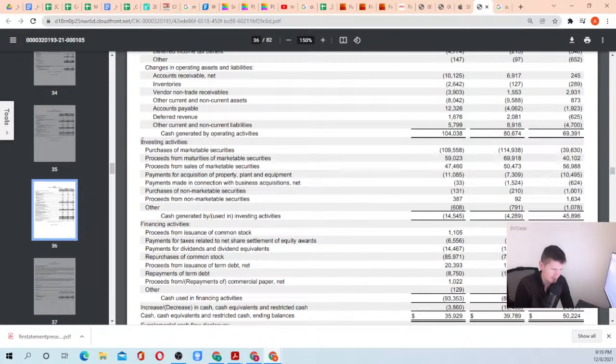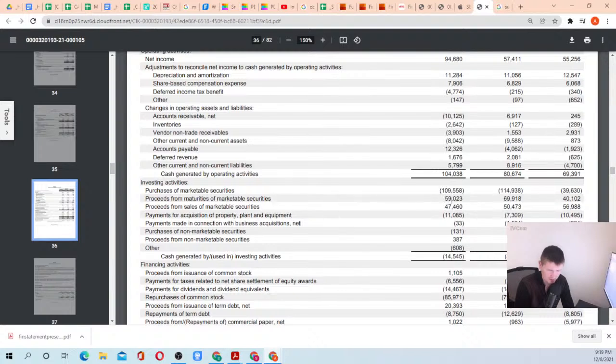And here in investing activities we have marketable securities, proceeds from maturities of marketable securities, sales of marketable securities, and payments for acquisition of property, plant and equipment, and a few other smaller items.